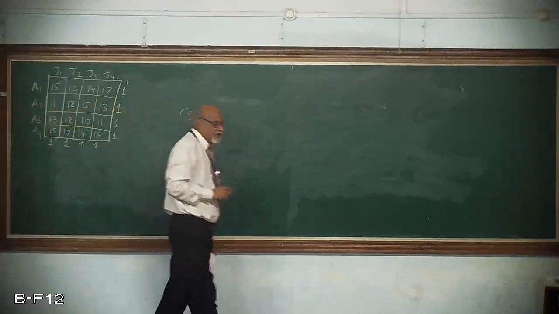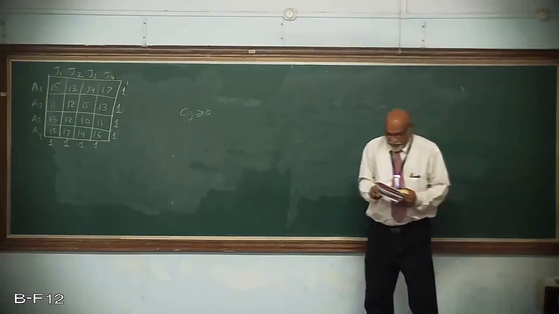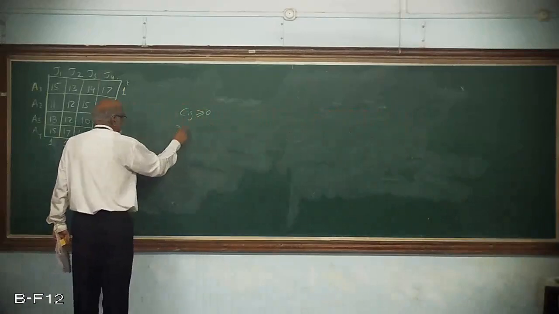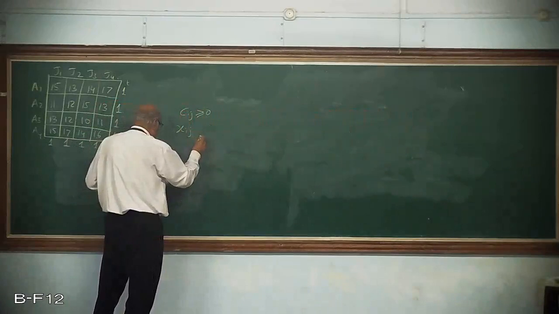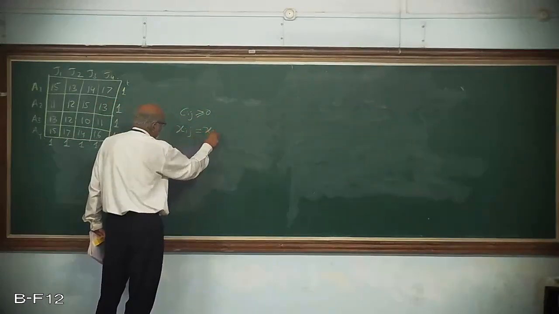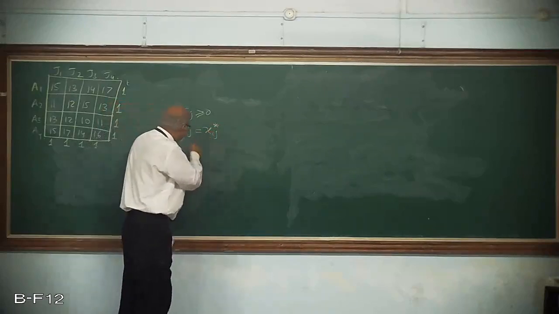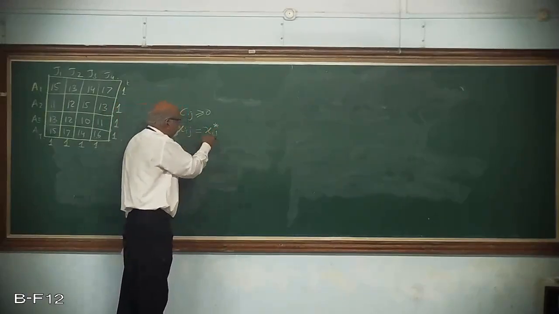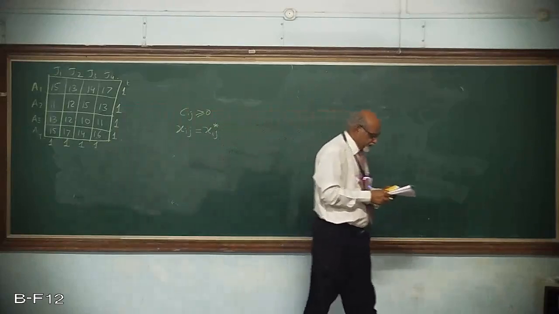If they are greater than or equal to 0, and if we can find a set of Xij's, with asterisk marks, I am going to put Xij equal to Xi, because this is the earlier value and here the changed value whatever I am going to get.